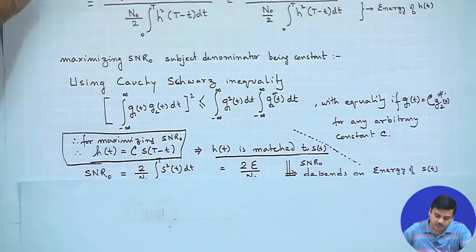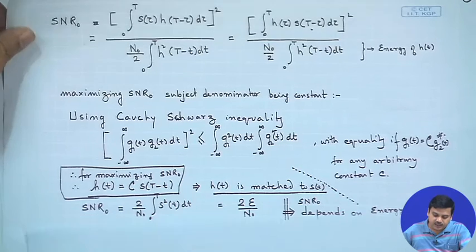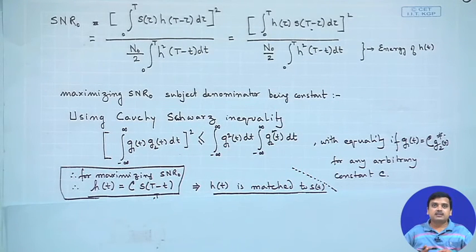So, we could see that the condition to maximize the SNR is reached when we have the filter impulse response that is matched to the signal itself. So, how does it translate to our case?